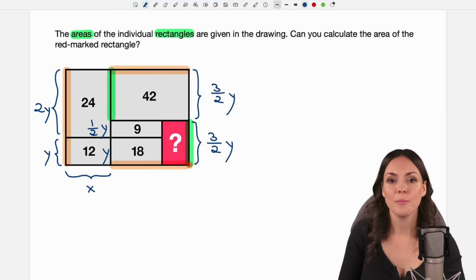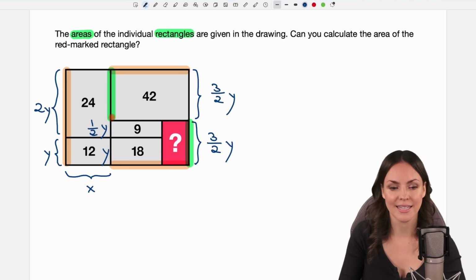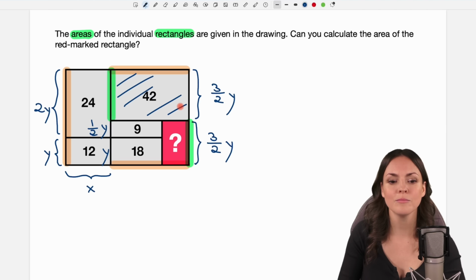So we can now compare this 42 rectangle to these three rectangles together. Because this green length is the same and this orange length is the same, the areas of these rectangles have to be the same. So this 42 rectangle has to have the same area as these three rectangles together.